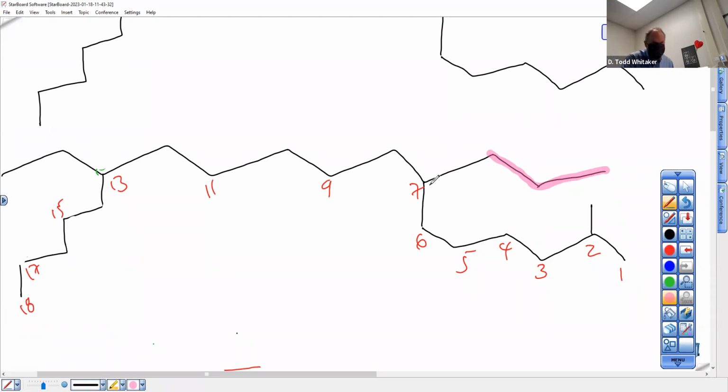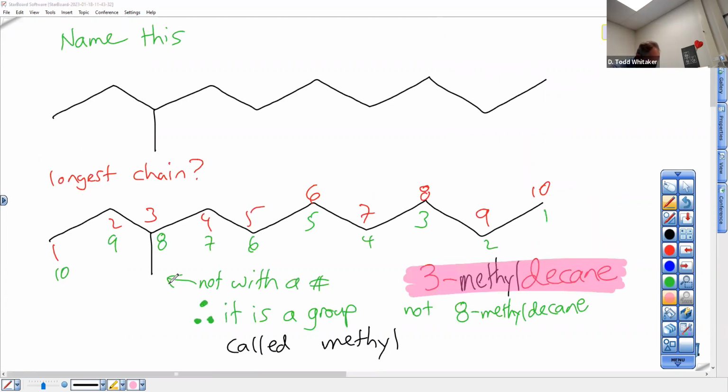And ladies and gentlemen, when you're learning nomenclature, have this as your motivation. From the name, you should be able to tell me the number of carbons. From the name, decane has 10, methyl has 1. This molecule has 11 carbons.